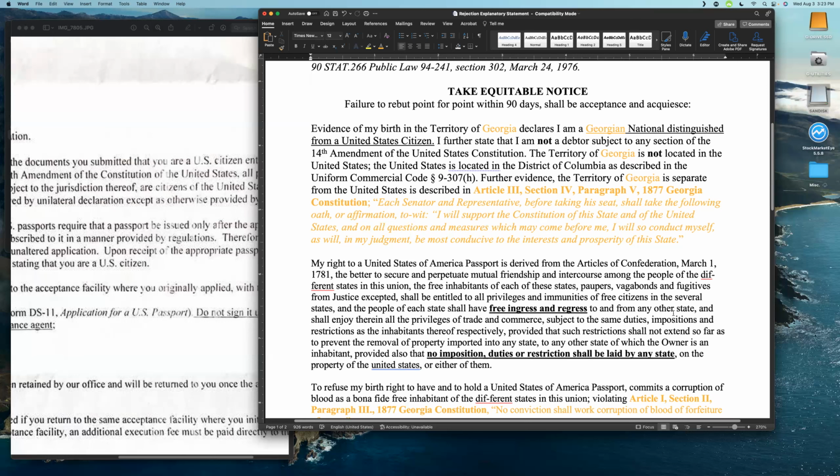I don't need a driver's license or a passport to travel domestically. Where does all of that come from? It comes about taking your rights away. But here you don't need it.